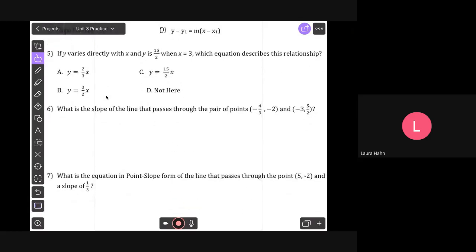It says if y varies directly with x, and y is 15 over 2 when x is 3, which equation describes this relationship? So it tells me that it varies directly. Remember, when it varies directly, that tells me it's going to be a special linear function.